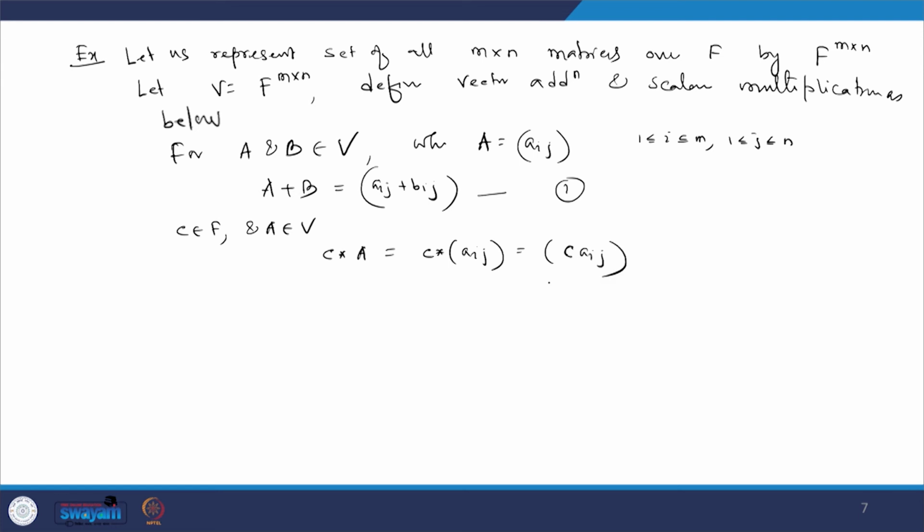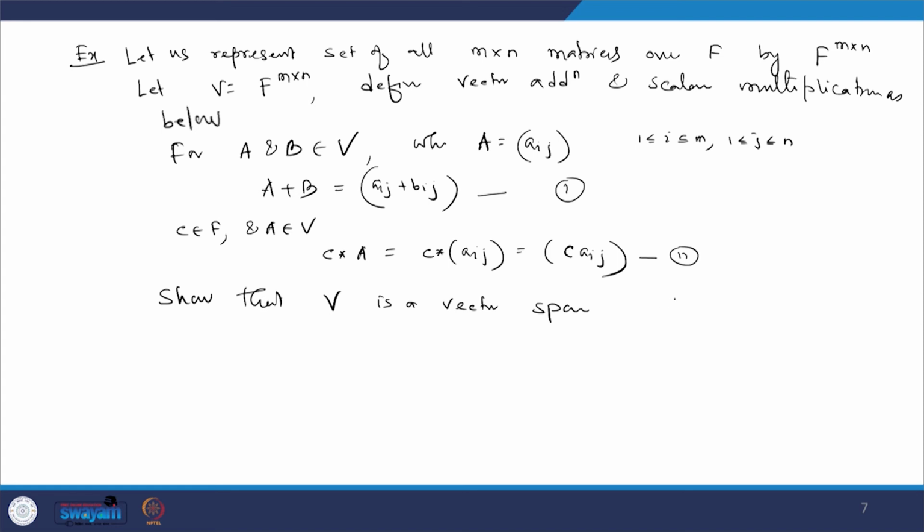So c is multiplied to each entry of the matrix. Of course, this is the standard scalar multiplication for this set of elements. Now, with respect to these two binary operations, one can easily show that V is a vector space.